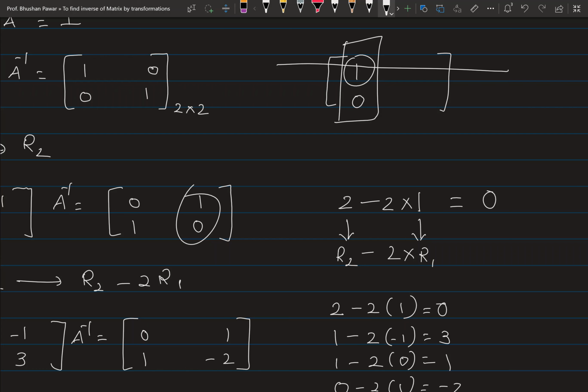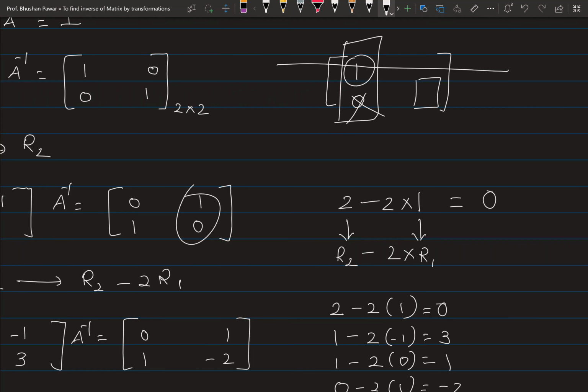Then again to get this 0, you have to go for some operation. So like this it will keep on going and going. There is no end of this. So we don't want to go up to some n number of steps. We have to minimize the number of steps. So for that purpose, we just lock this R1 so that 0 will be maintained. Now our priority is to get 1 in R2.